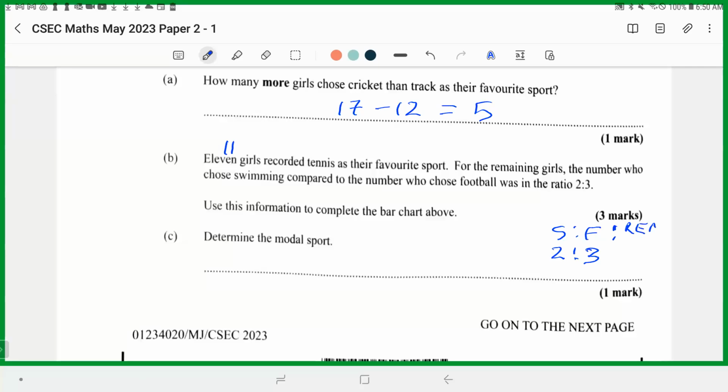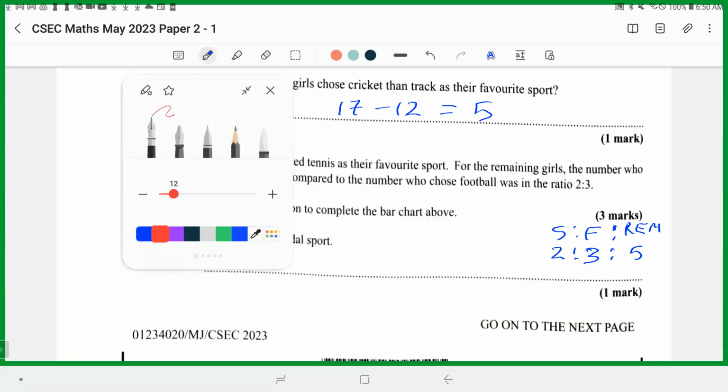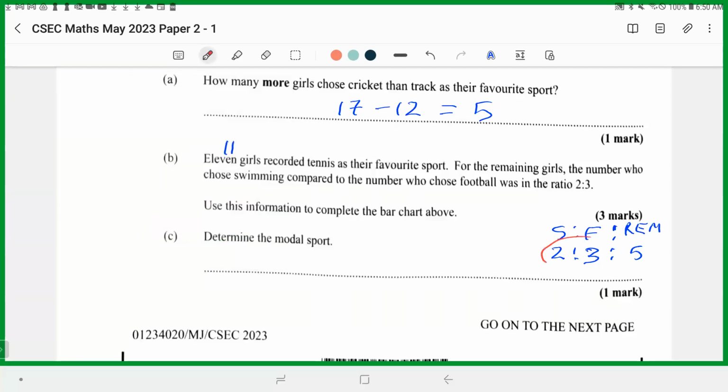It's 35, but in the ratio 2 to 3. So the total of that ratio is 5. But my actual is 35. So if I want to show my actual in this ratio, then this 5 has to become 35. So I need to multiply my ratio by 7 to get the actuals.